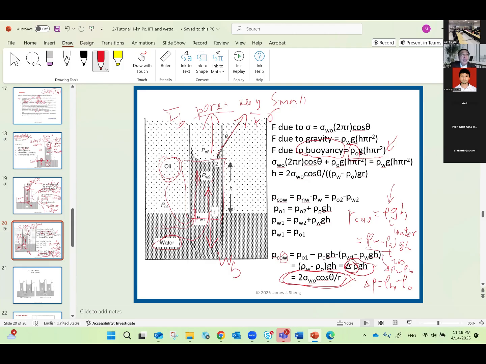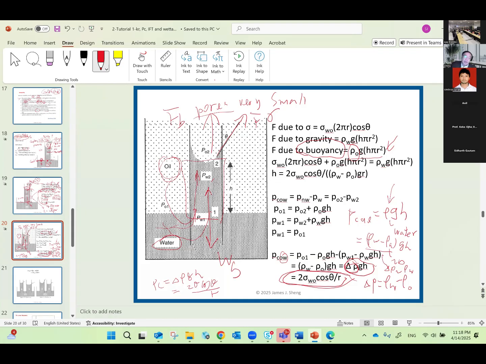So in other words, in the general case, PC is delta rho g h, or can be calculated as 2 sigma cosine theta over R. So that is the equation. These two equations you need to remember. Okay. So this is describing the capillary pressure.